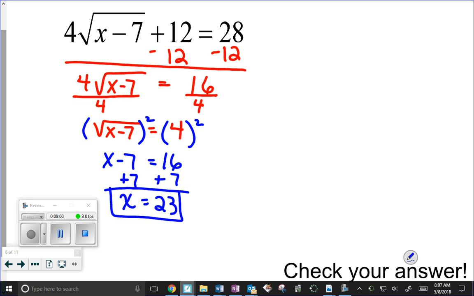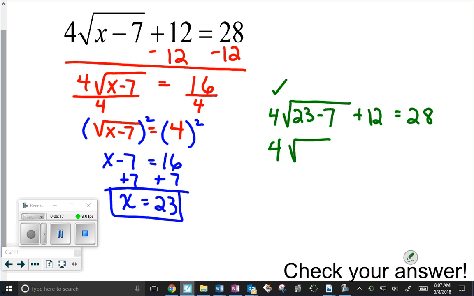So let's go over here and check our answer to make sure. The check would be 4 times the square root of 23 minus 7, plus 12, equals 28. This 23 minus 7 is 16? That works.